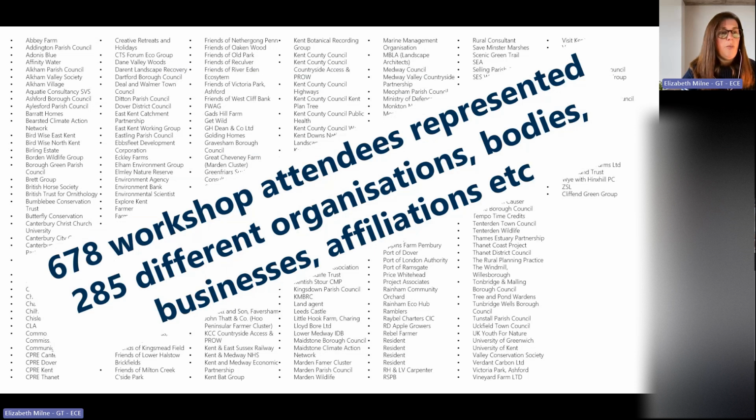So I feel that we can say with pretty good confidence that the strategy really is representative of the thoughts and the desires or ambitions of the many different sectors and stakeholders that are impacted or affected or interested in the strategy in one way or another.